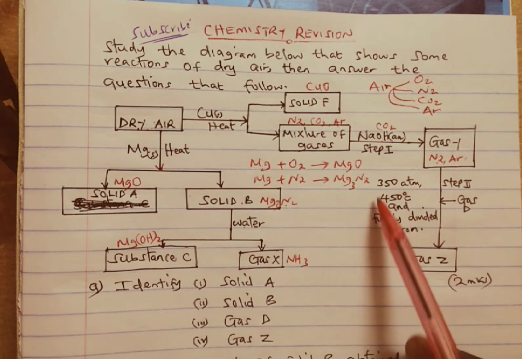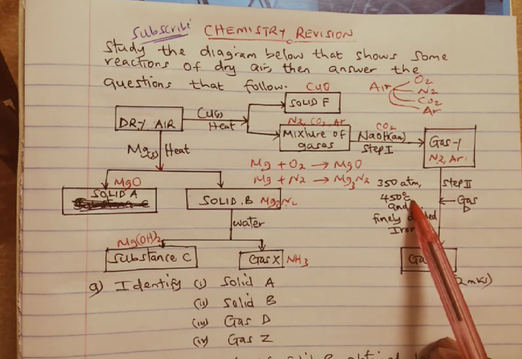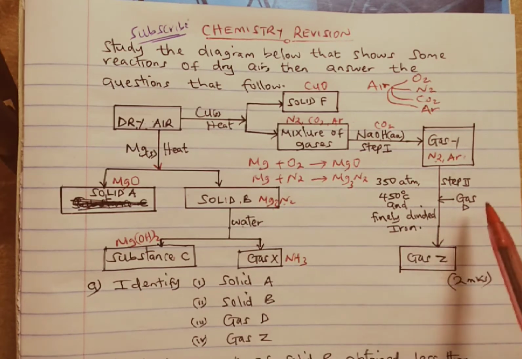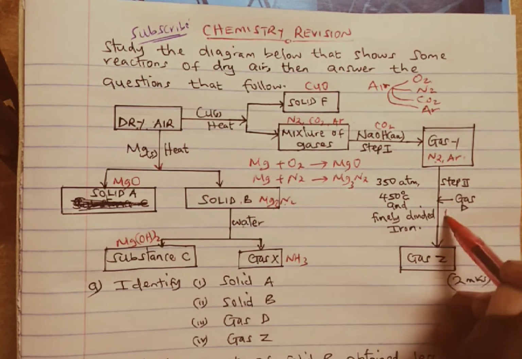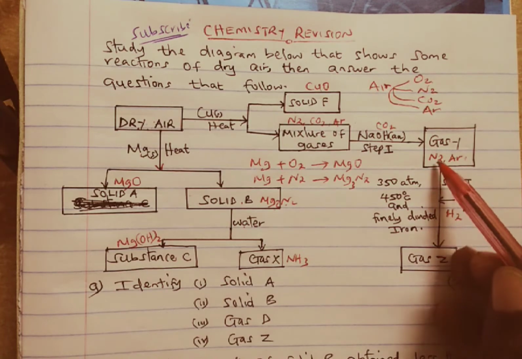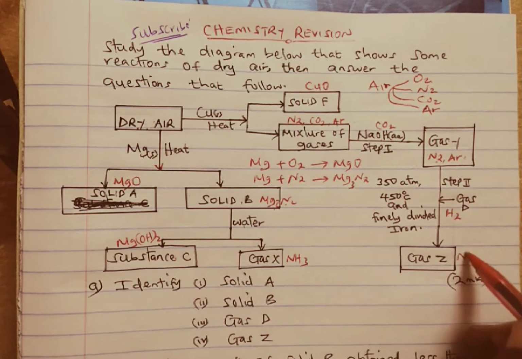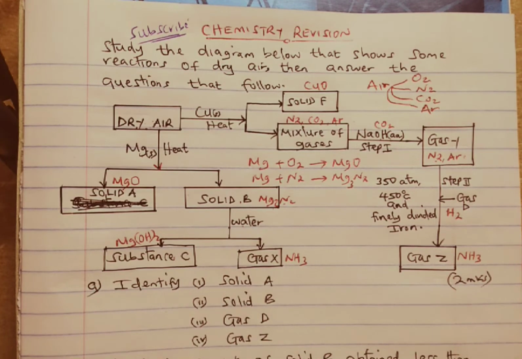These are the optimum conditions for the production of ammonia, and therefore since gas Y is nitrogen, then gas D is going to be hydrogen, such that the mixture of hydrogen and nitrogen produces gas Z, which is ammonia. Now we can go through the questions.